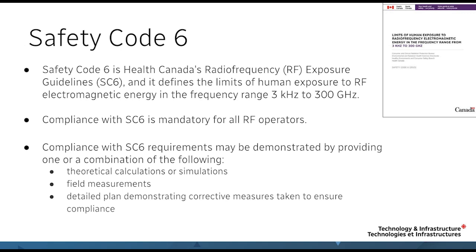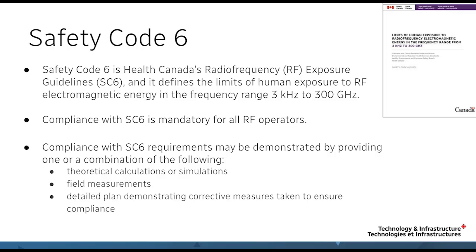So, Safety Code 6 is the guideline by Health Canada that ensures that the public is not overexposed by non-ionizing radiation in the band of 3 kilohertz to 3 gigahertz, as you all know for sure. It is mandatory for all operators of our systems to comply with Safety Code 6.